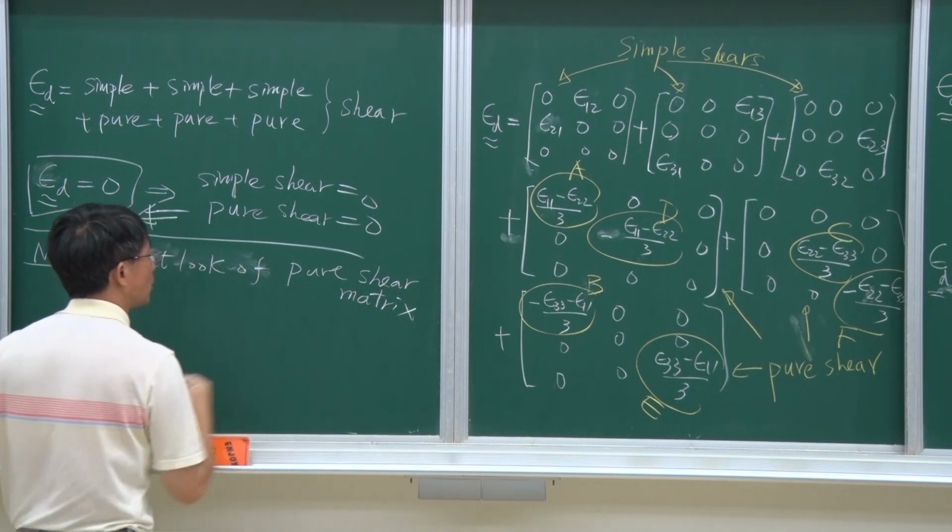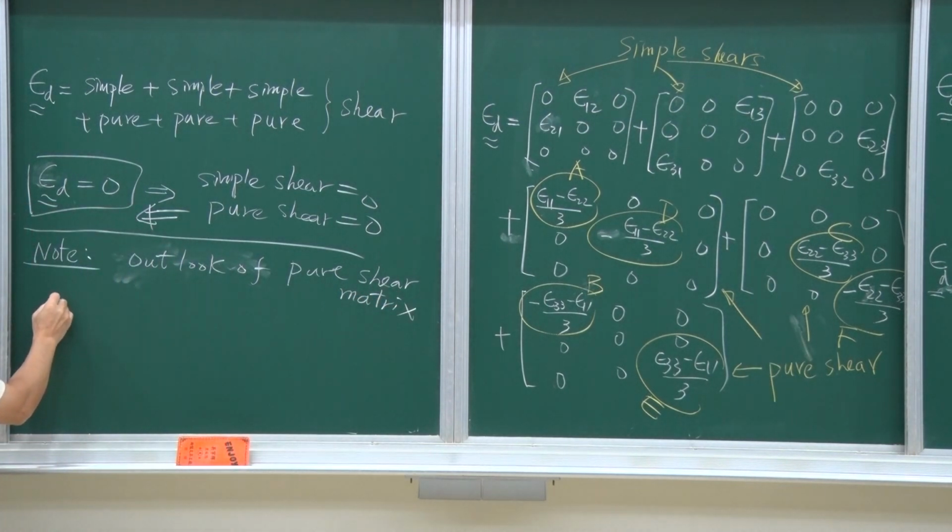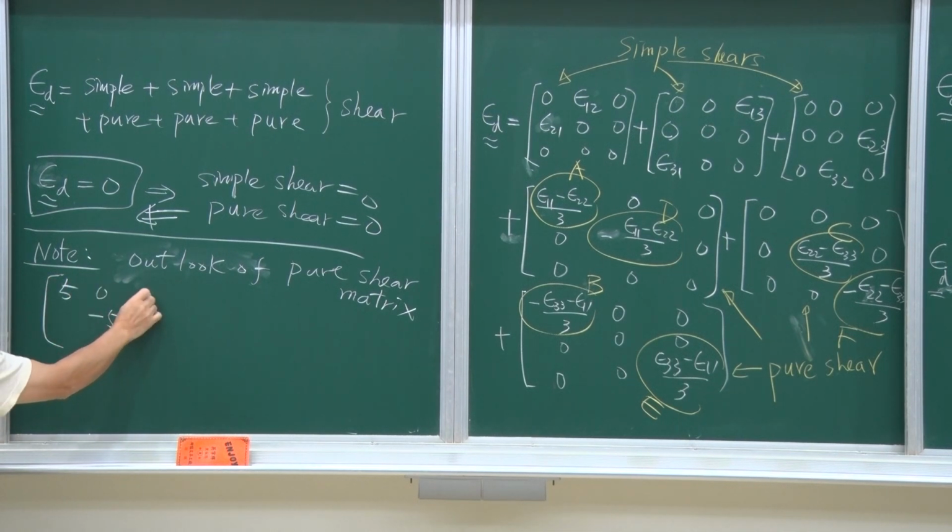What is the outlook of pure shear? When you have pure shear, the outlook is like this. You have 5 and then minus 5, something like this.